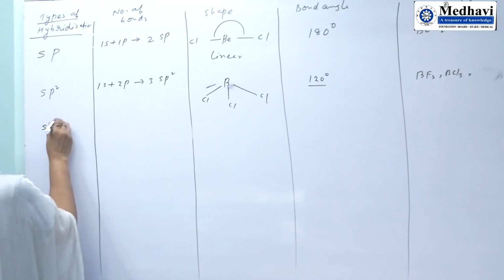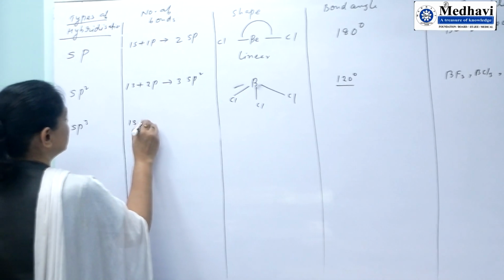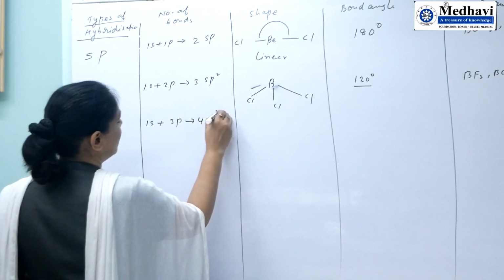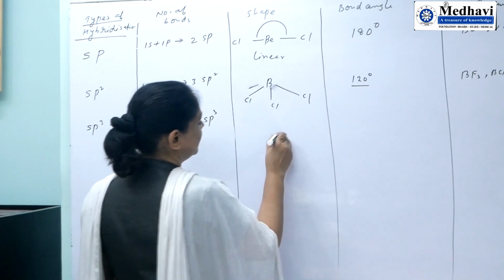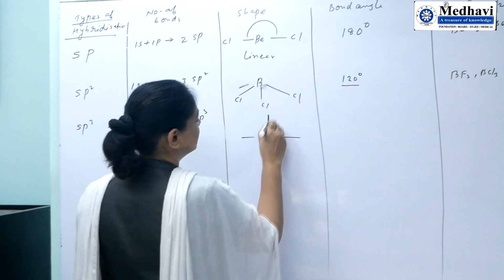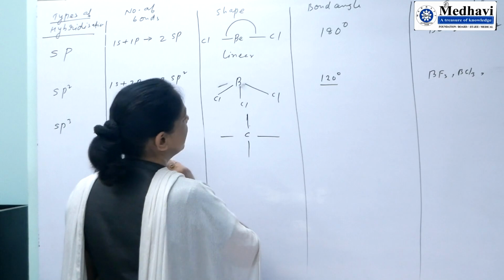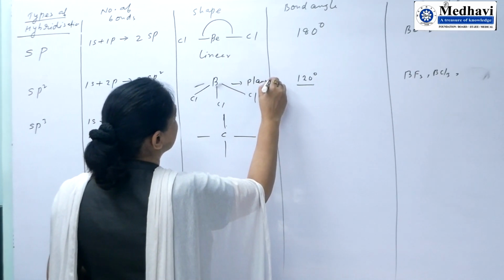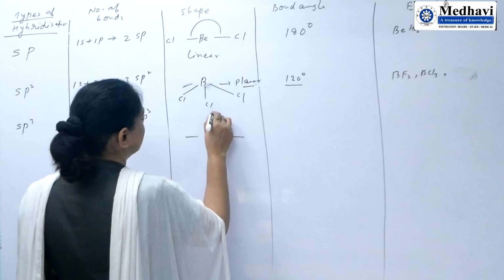Third one is sp3, 1s and 3p. So it is 4 sp3, 4 bonds are formed. Its example is methane. Its shape is tetrahedral.